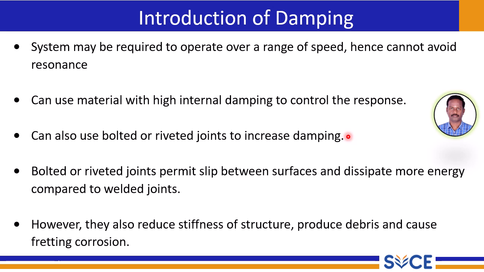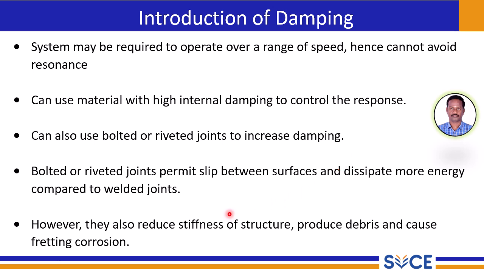Interestingly, the way components are joined together can also significantly influence the overall damping of a system. Using bolted or riveted joints as opposed to welded joints can actually increase damping.